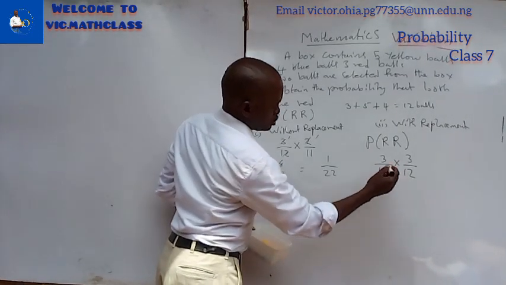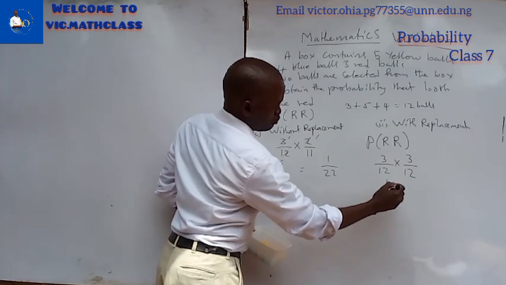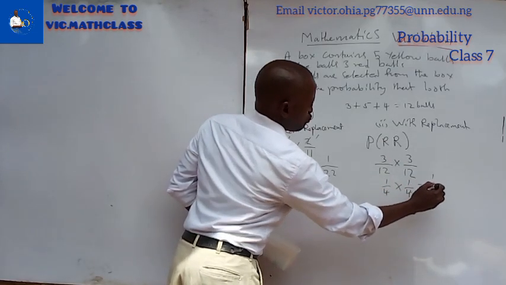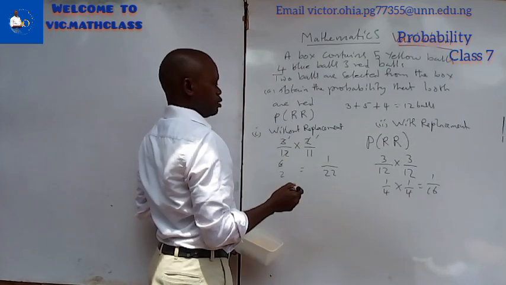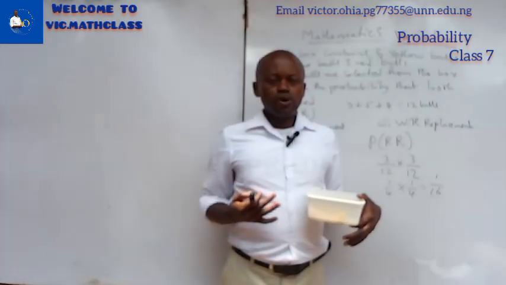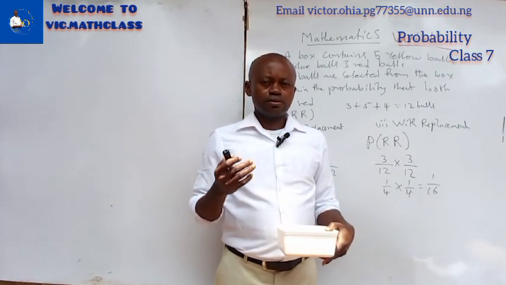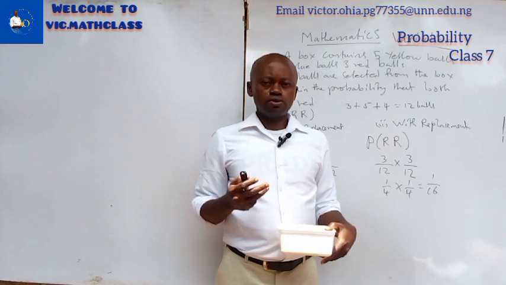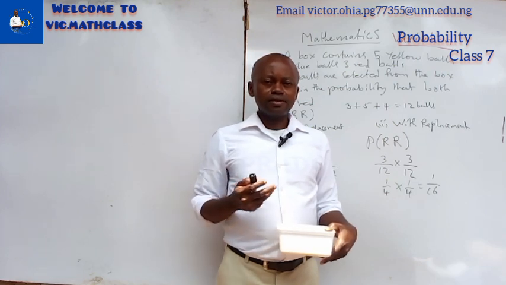You see here that this will obviously be 1 over 4 times 1 over 4, which is 1 over 16. All right, so this is a typical way of explaining the probability of selecting 2 balls with replacement and without replacement.